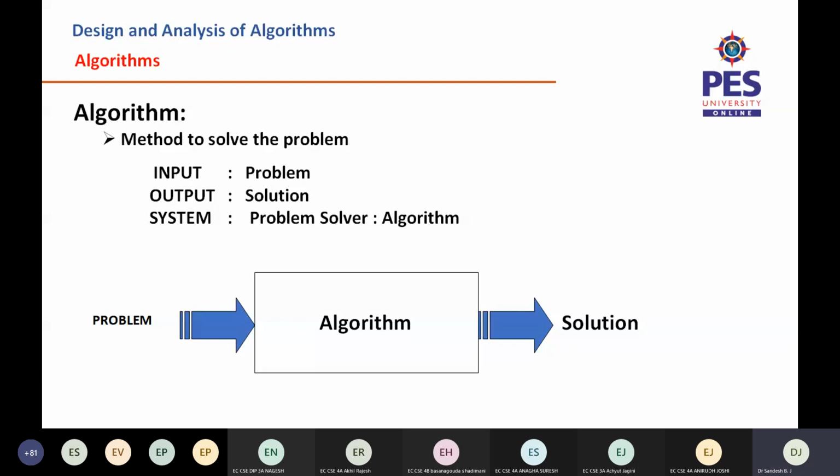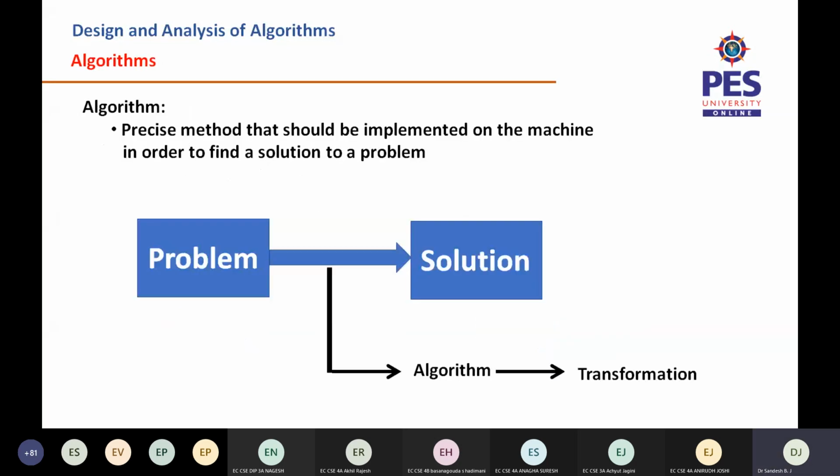So an algorithm is basically a method to solve the given problem. When you solve the problem, you are going to get the solution. To convert from problem to solution, you require something in between, which is a system. We need a problem solver, somebody who could solve the given problem. That's an algorithm for us.